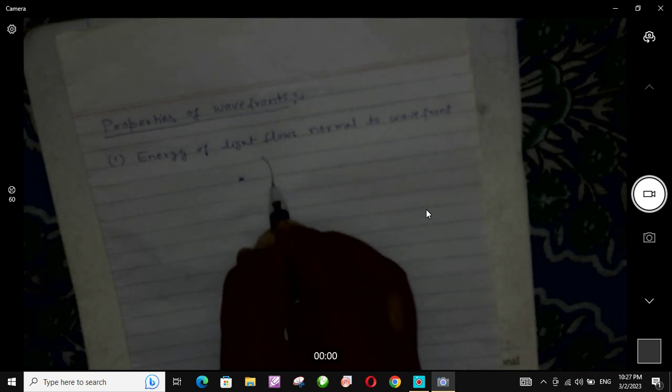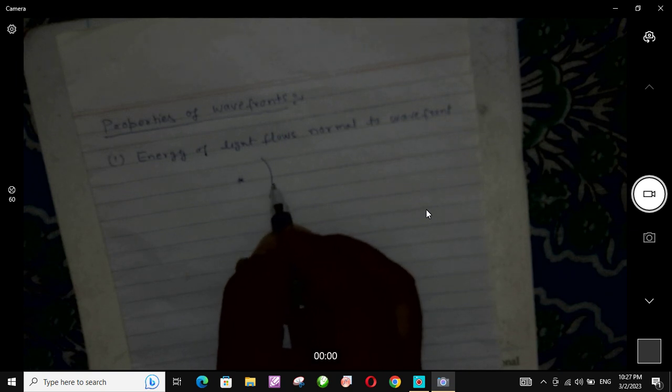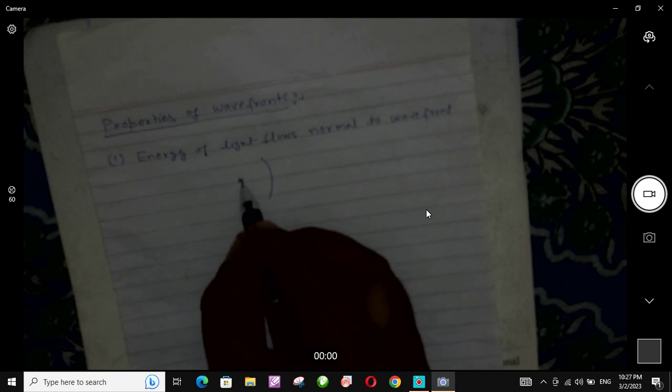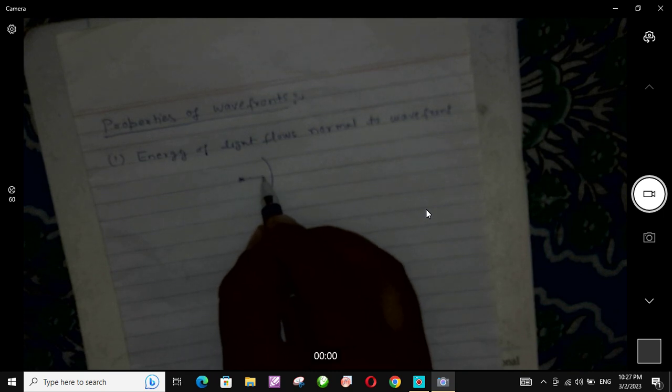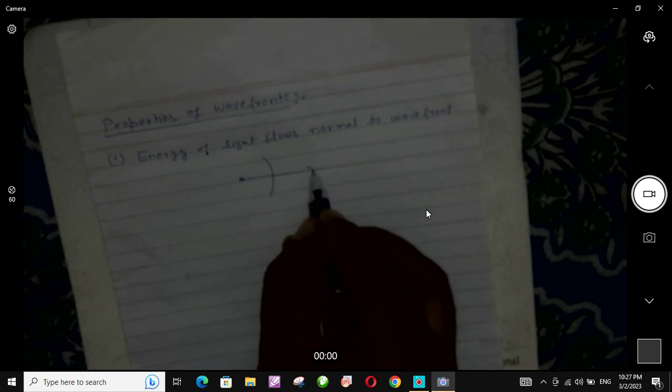It means if we make, for example, a spherical wavefront, so it is part of a spherical wavefront. If it is the wavefront, then energy flows normal to this wavefront.